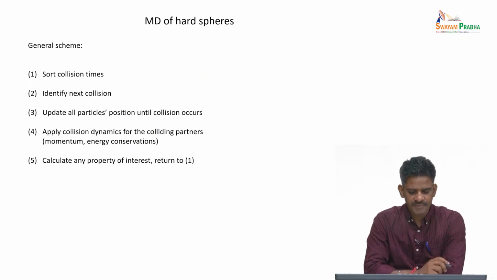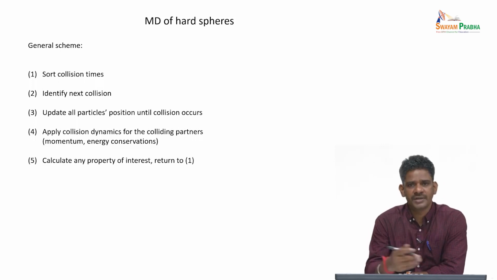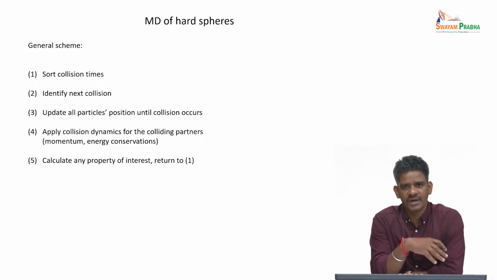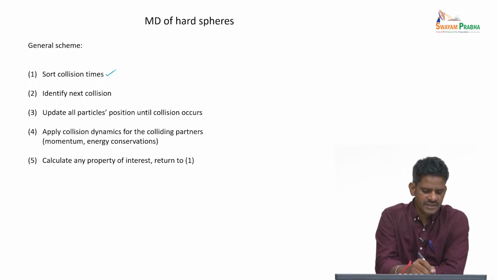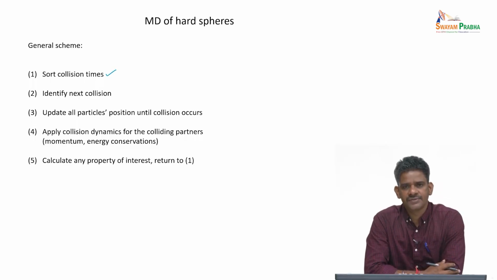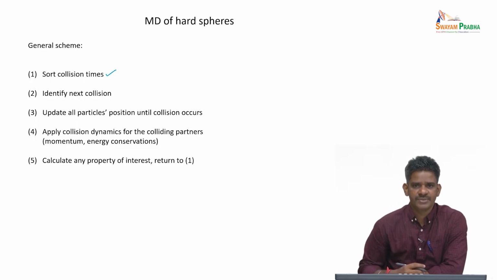This is a general scheme when we try to think about doing hard sphere MD simulations. First, we have to go through all the partners in the system. When you have n particles, you have of the order of n square pairs, and for each of those pairs we can find the time at which the particles will collide, and then sort out the collision times for each of these pairs.